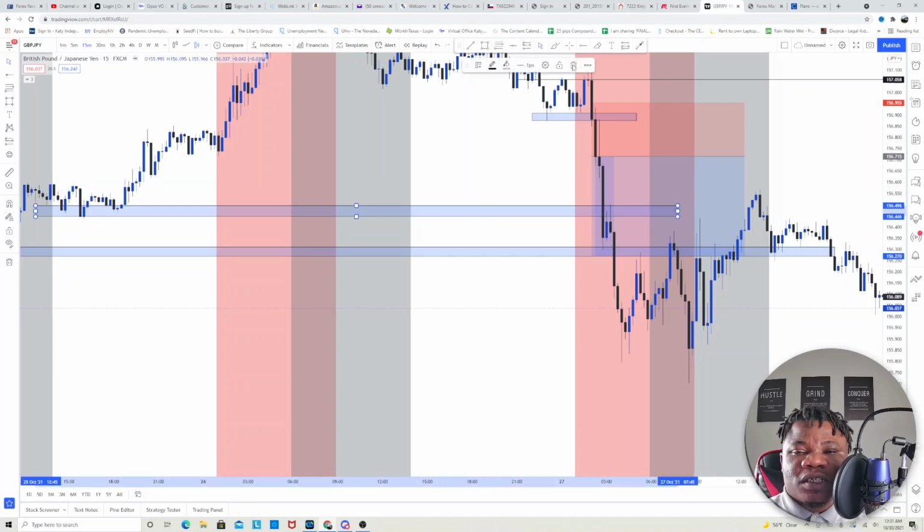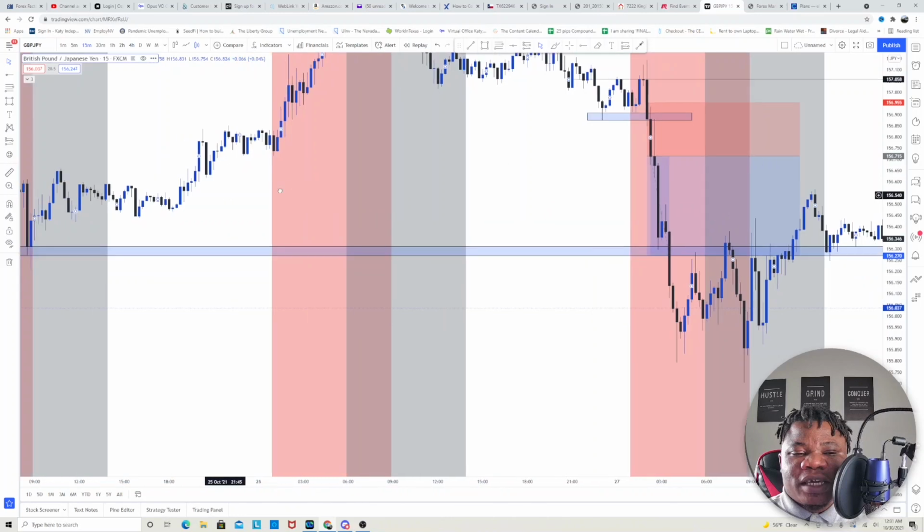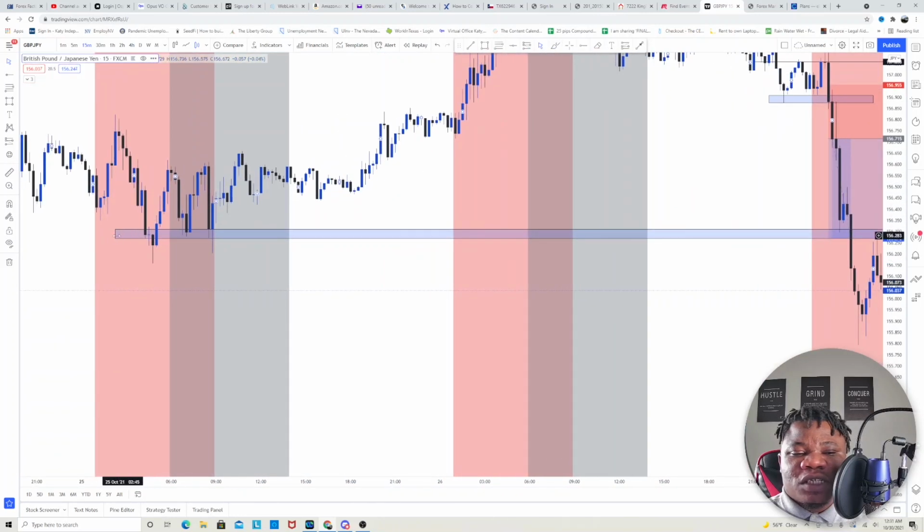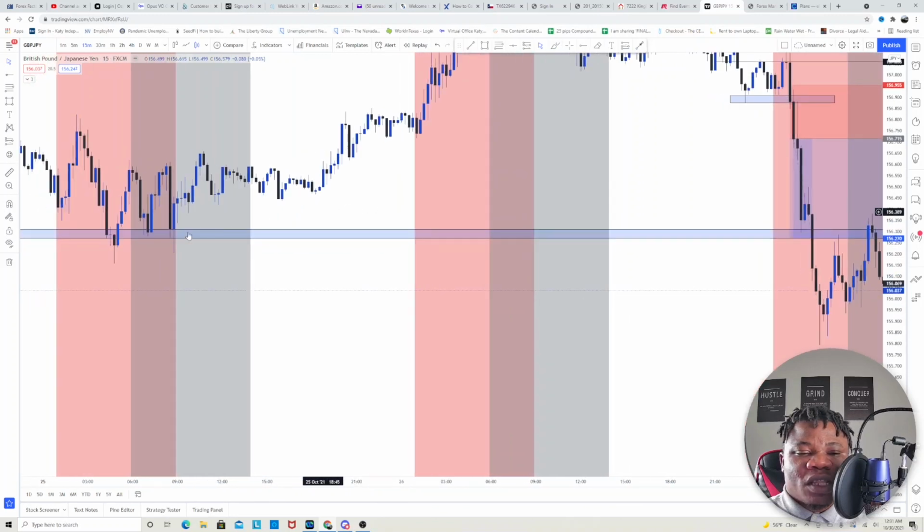one take profit and just anticipate that price is eventually going to get to this previous low here. We had a low here during the London session, another low here during the New York session, and price created another low during the New York session as well.